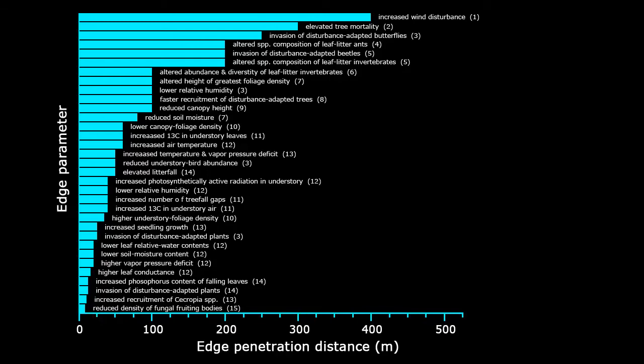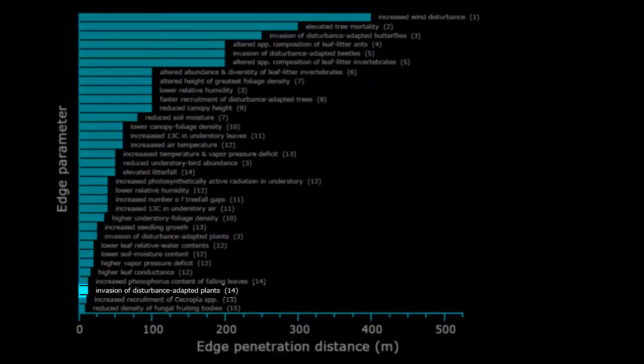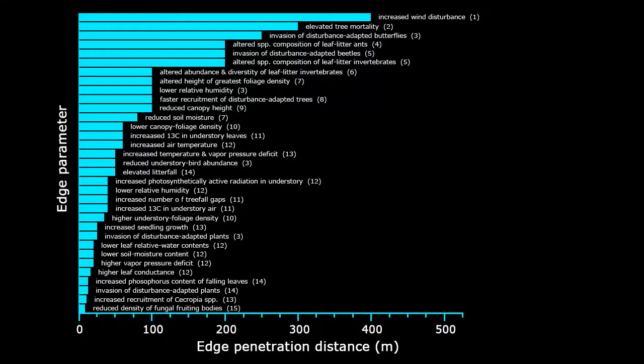Some things you might find down here on the lower side of the graph don't penetrate quite as far as some of the others. So we see, for example, invasion of disturbance adapted plants only incurring really a small number of meters into the edge of a forest.